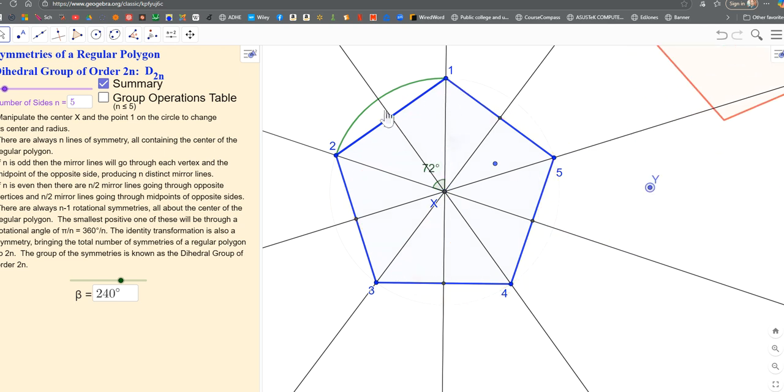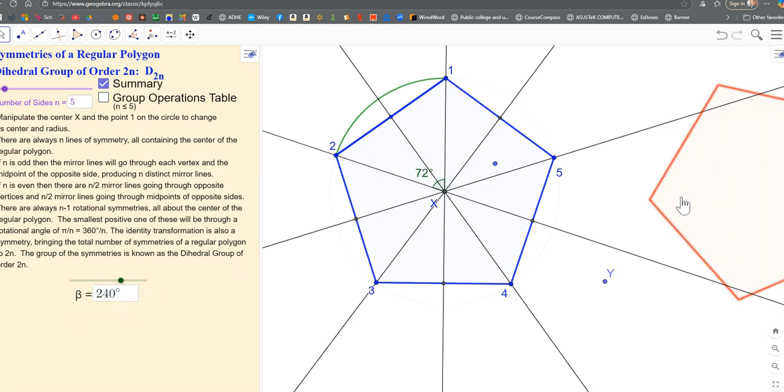Okay, the lines of symmetry go through the midpoint of a side and an opposite vertex. So this is the odd case. And going from one vertex to the next, that angle there, which is 2 pi divided by 5, or 360 degrees divided by 5, that's 72 degrees, is the smallest rotational angle.